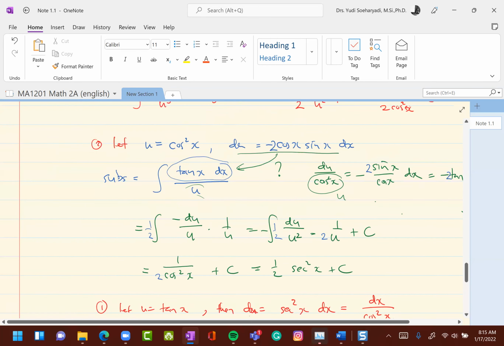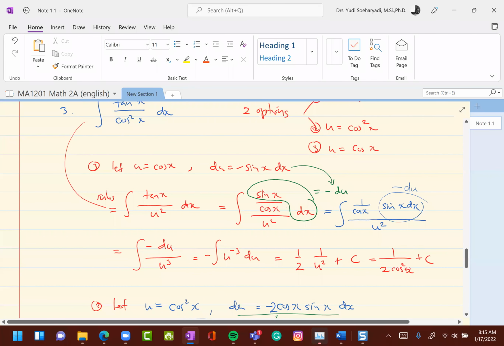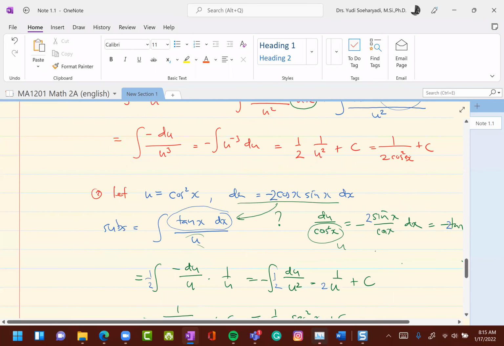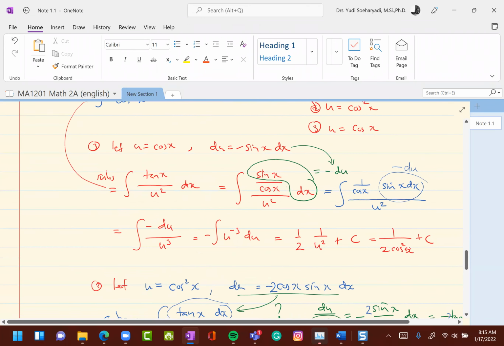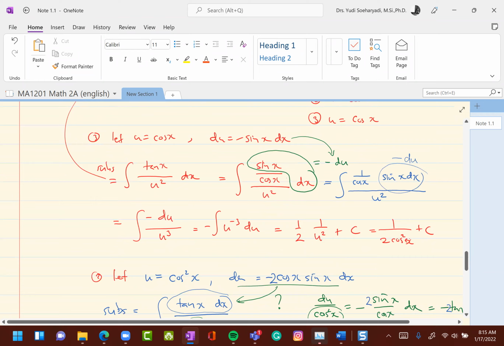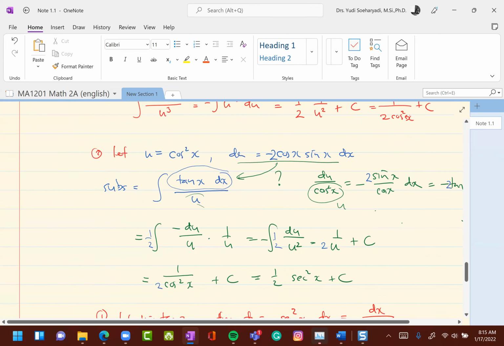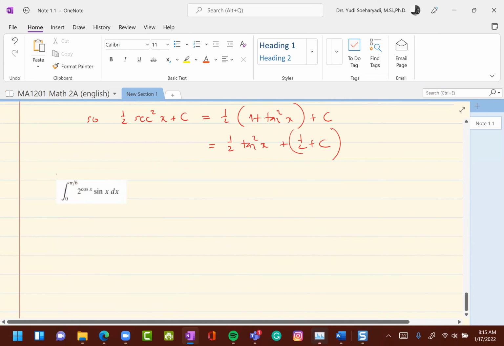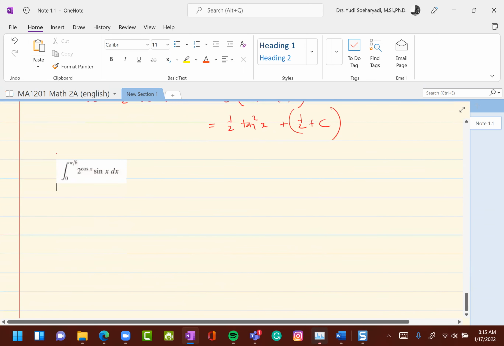The previous problems give you 3 choices that work. 3 options, all work, right? The difference is which one is probably easier than the other. All right, so let's do this one.